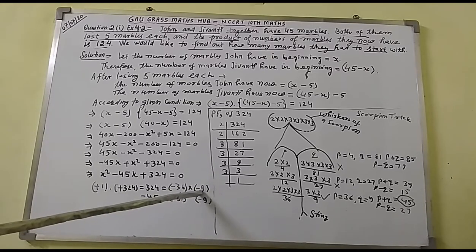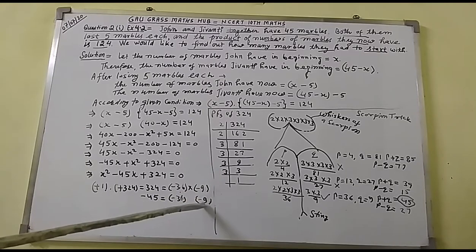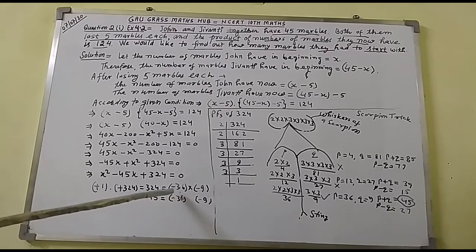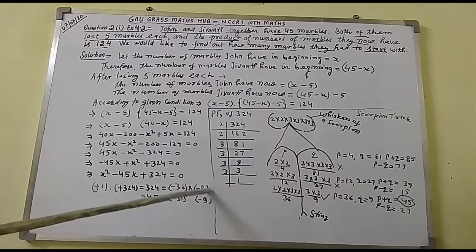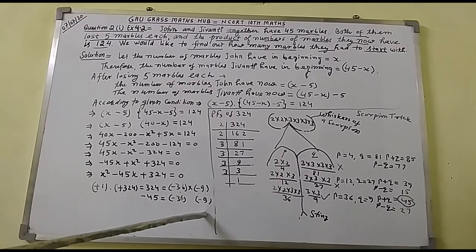Whatever digit with sign comes here, the same digit with sign will also come here. Here minus 9 is there, so minus 9 will come here. This is the primary criterion for this middle term splitting method.